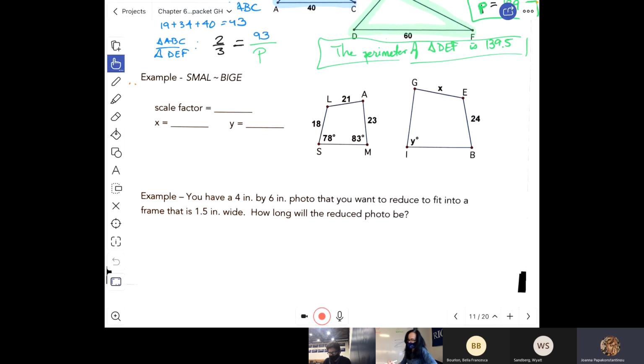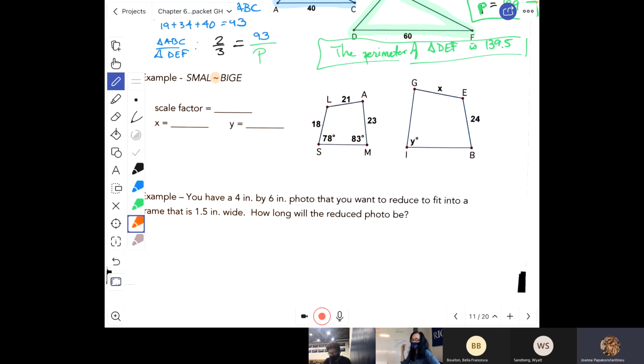Okay, let's take a look at the next similar polygons. Again, I know they're similar because of the symbol. Let's take a look at how we're orienting these because they don't look exactly in the same representation. So I have SMAL, SMAL.